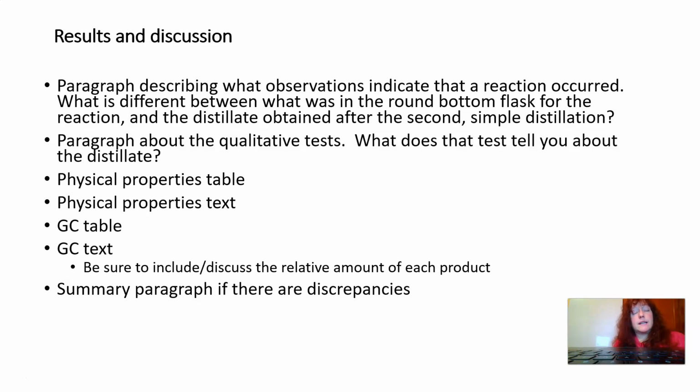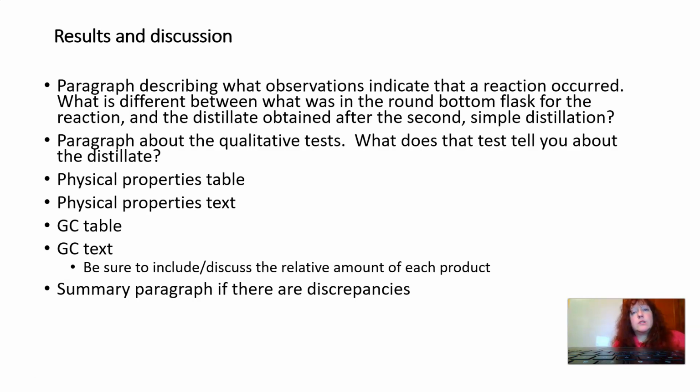You have an expectation that you have two particular products. You have a way of testing that. You also have an expectation that you have those products in a certain relative amount in major and minor product, and you have a way of testing that. So write that first paragraph just to say what indicates something has happened.